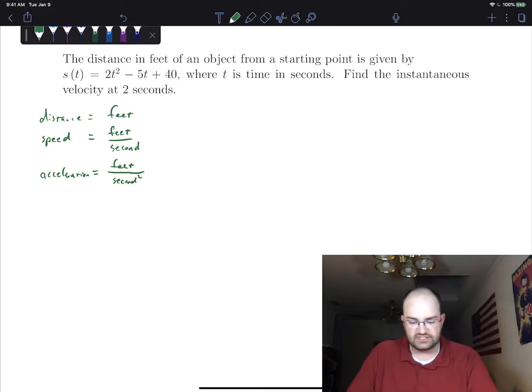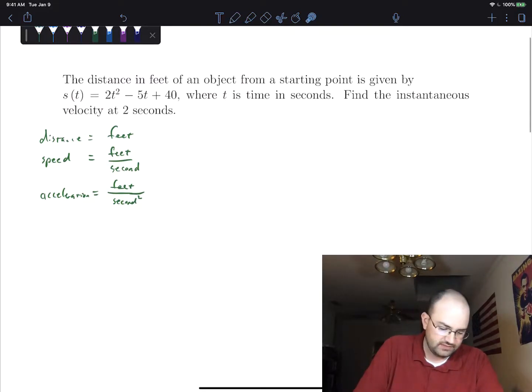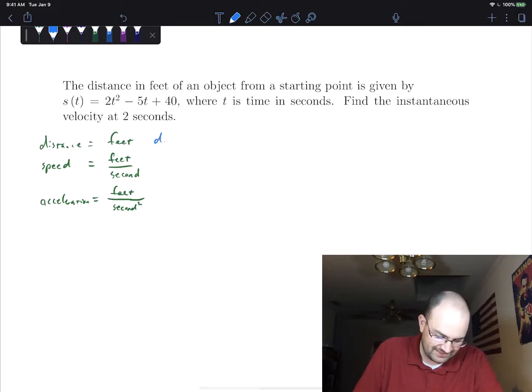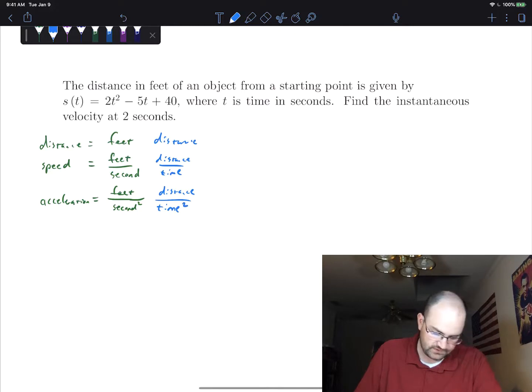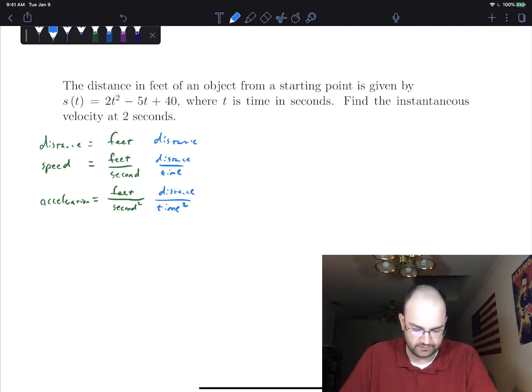Now, that's just in this particular situation. So it's a distance, and then speed is distance over time, and then acceleration would be distance over time squared. So distance per square time, basically.